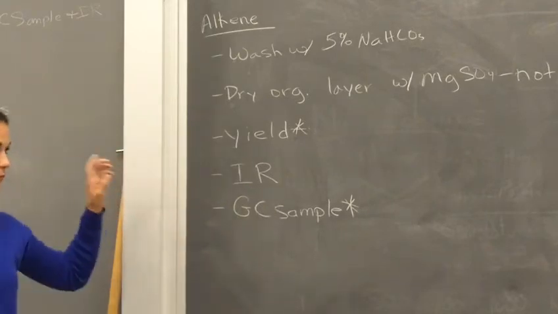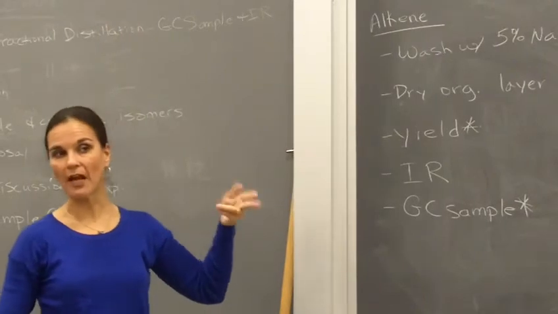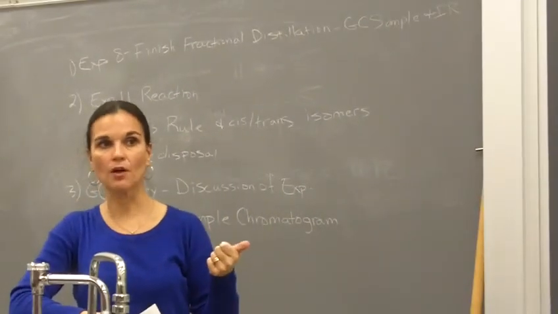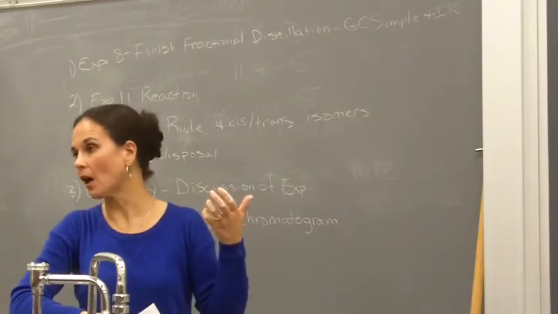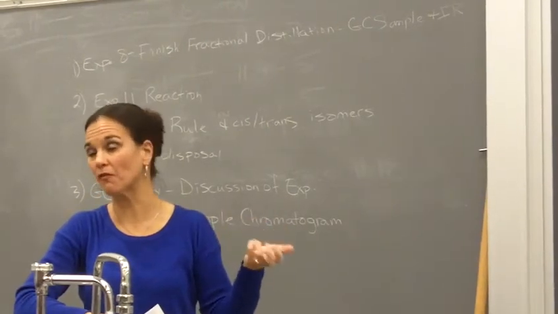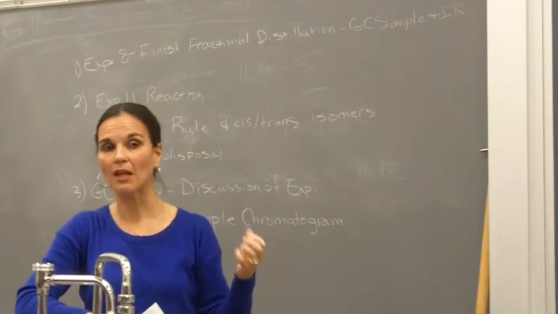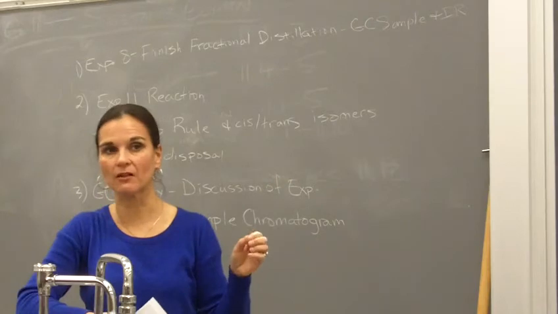Now, for both your alcohol and your alkene, with the IR, you're going to want to compare it to a literature IR spectrum. So look up what would be the spectrum of your alcohol and what would be the spectrum of a predominant alkene that you are going to make, okay? If you can't find those spectra, then use something that's closely related.